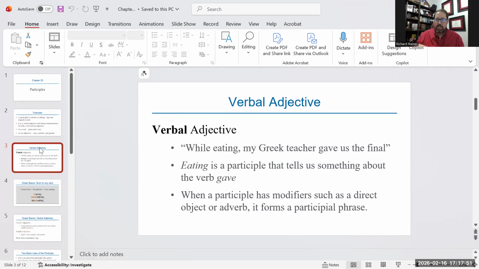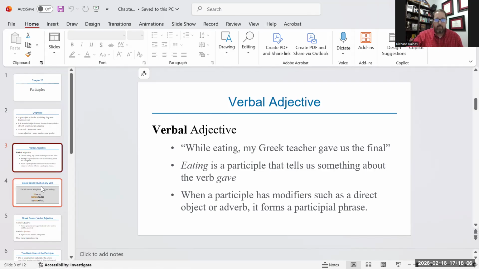So this is where in your teaching and preaching and your devotional life, understanding participles is really going to advance that to the next level, because you'll be able to fill in those gaps as the teacher.